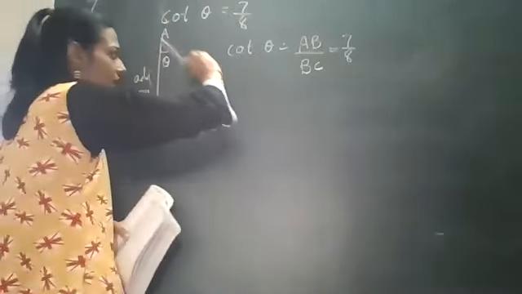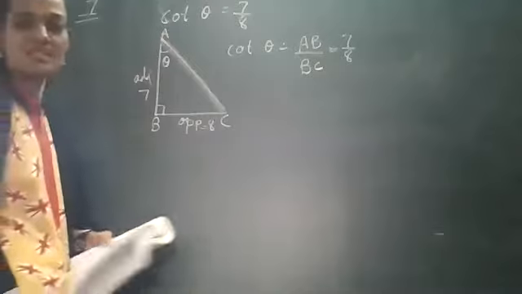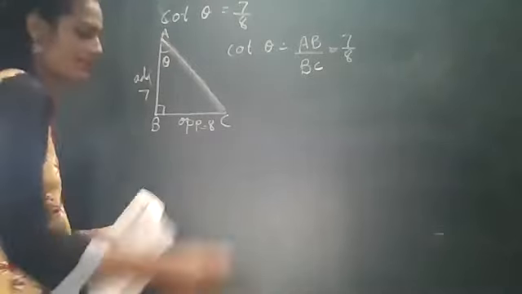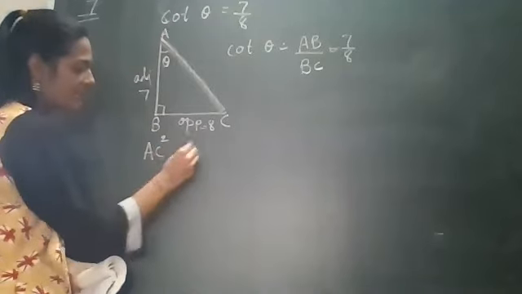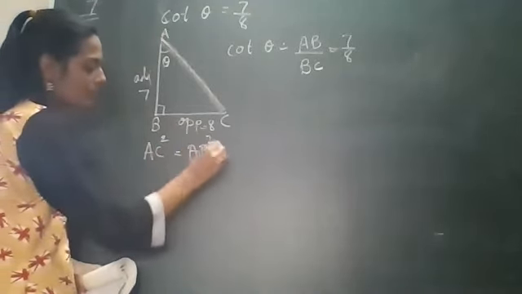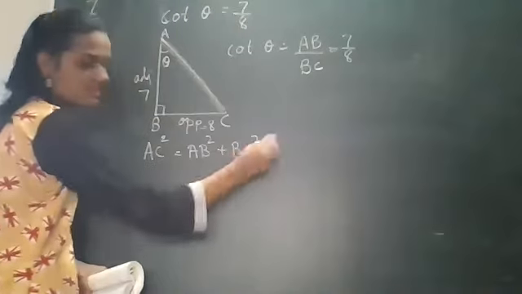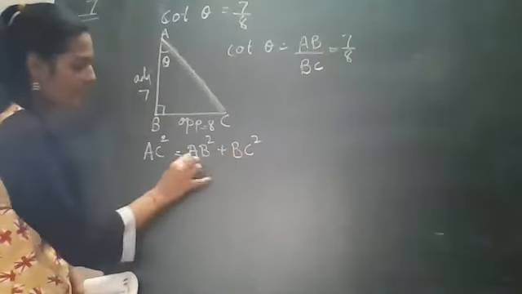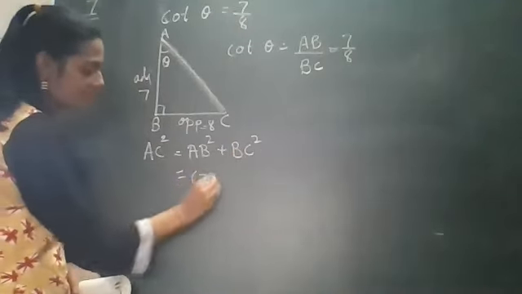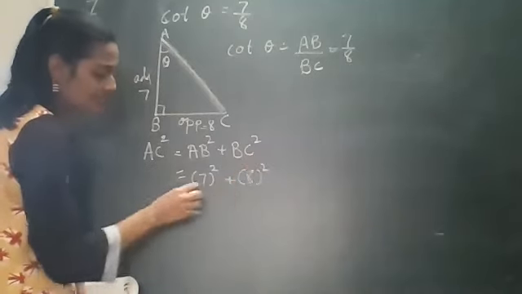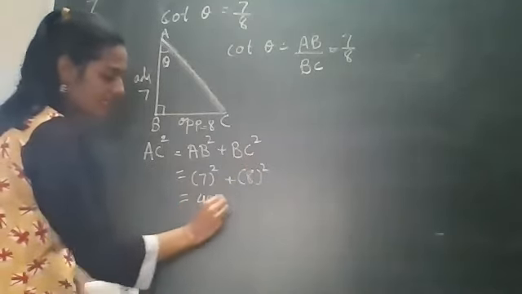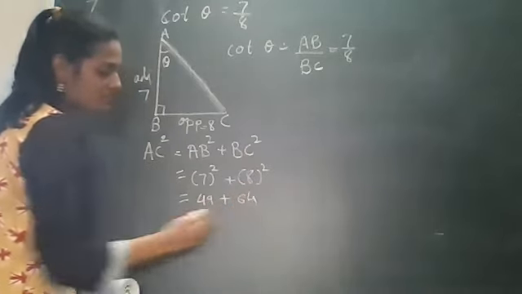So now we have to find the value of AC, or we can say the hypotenuse. From the Pythagoras theorem, we can write that AC square is equal to AB square plus BC square. Now AB square is 7 square, BC square is 8 square. 7 square is 49, 8 square is 64.